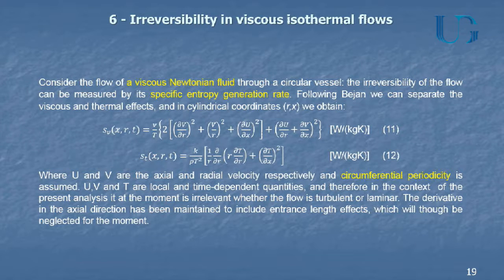This is the gradient of the temperature squared. All of these terms are positive and divided by T squared. k is the conductivity of the fluid. We will only consider isothermal flows, so there is no thermal entropy generation. So we will use this. Next, please.